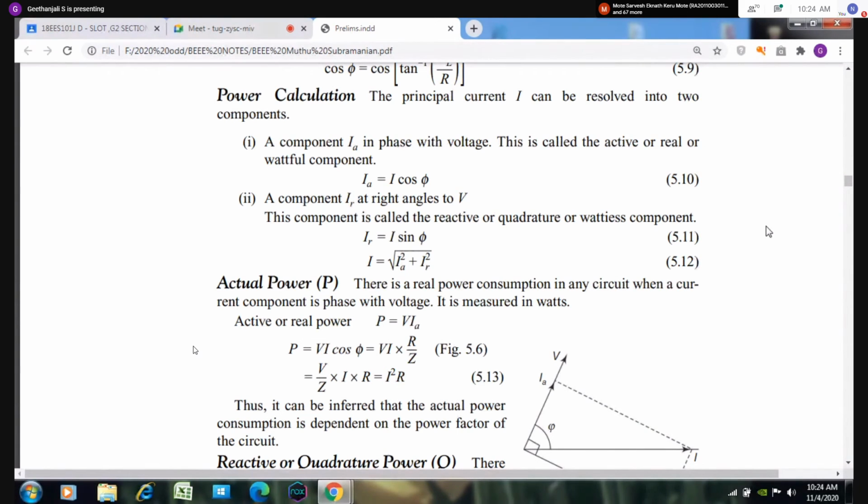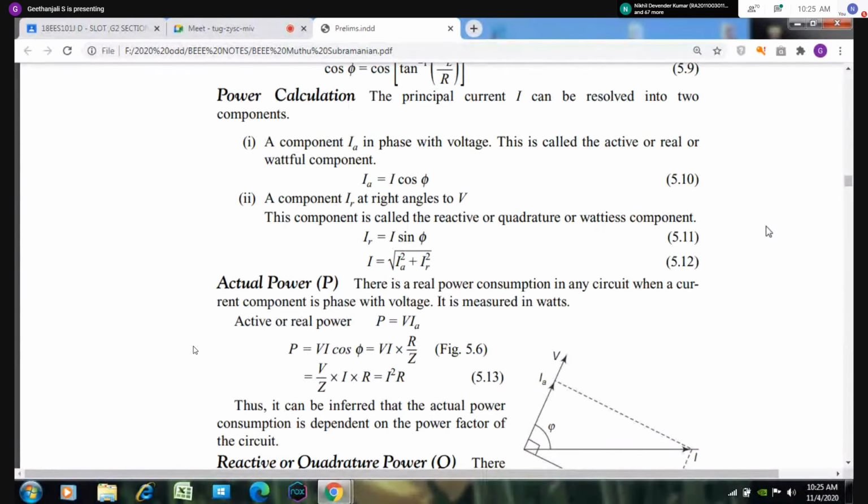Now we will see what powers are available in the AC circuit, then the expressions for all the powers for the RL circuit. For the power calculation, the principal current I can be resolved into two components. The first component, IA, is in phase with the voltage.